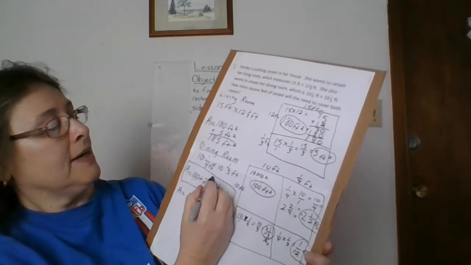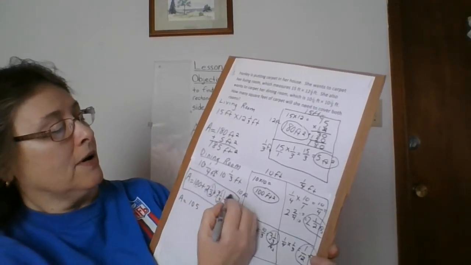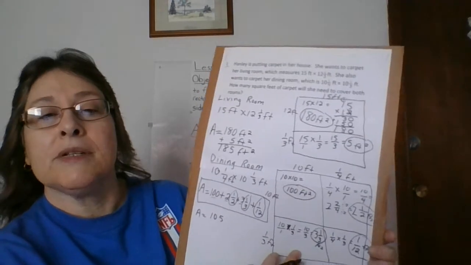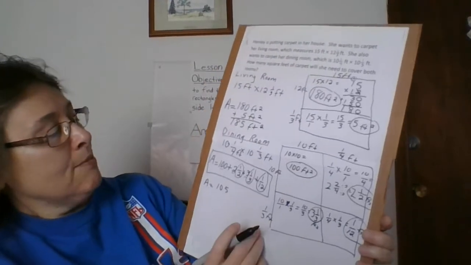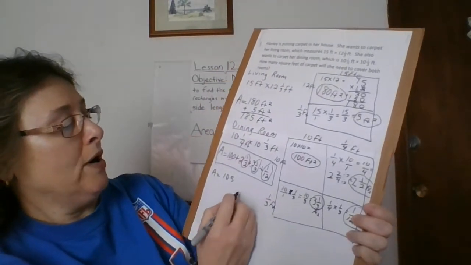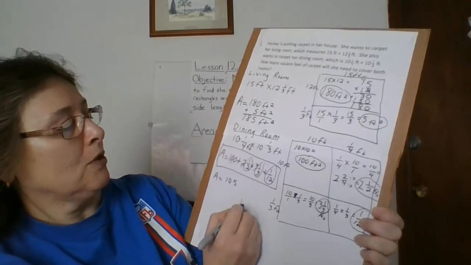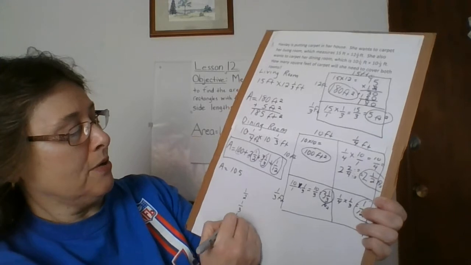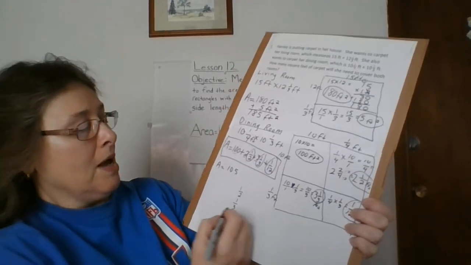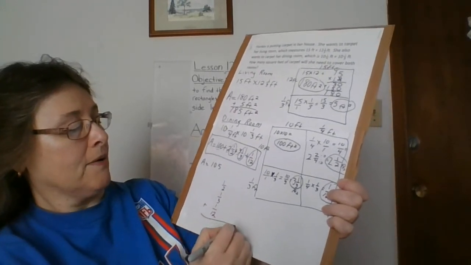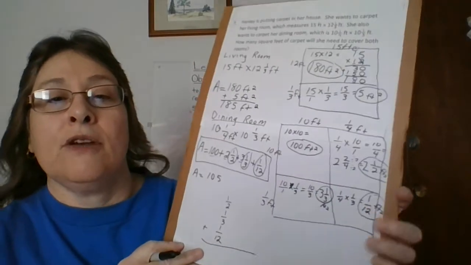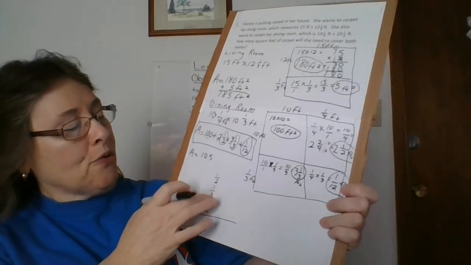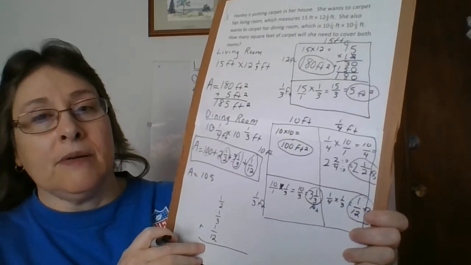But I can't add these fractions together yet because they don't have a common denominator. So I am going to put the 1/2, the 1/3, and the 1/12 below, and I have to add these together. So I have to think, what do all 3 of these numbers have in common?